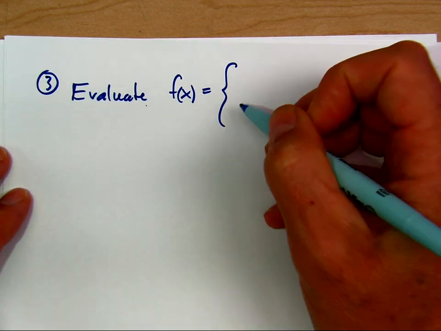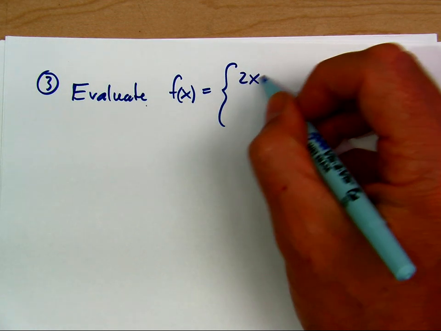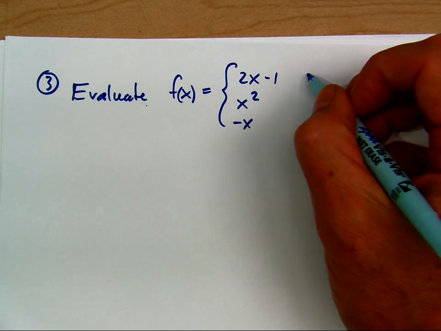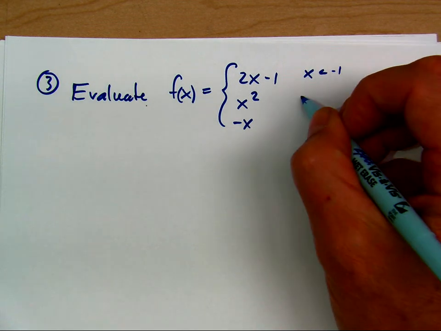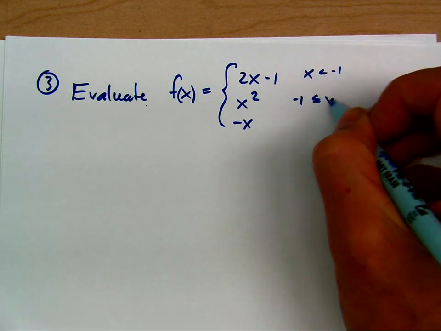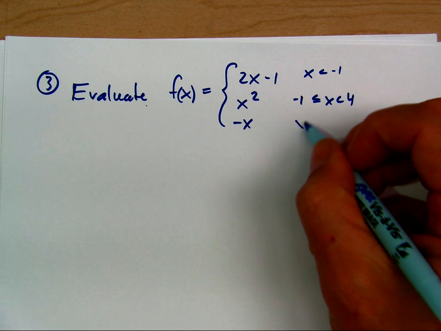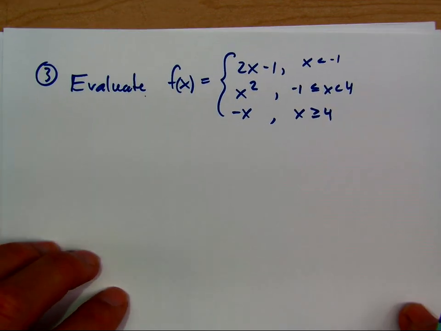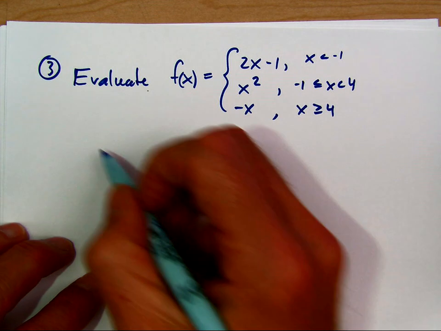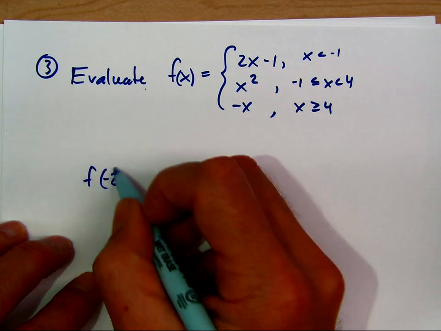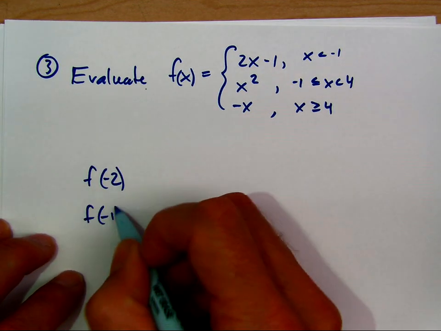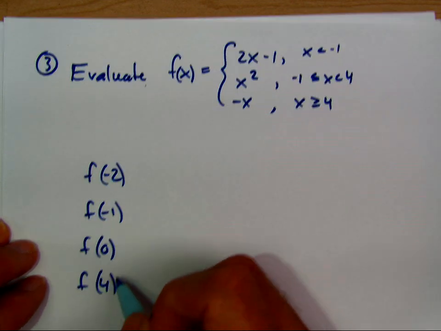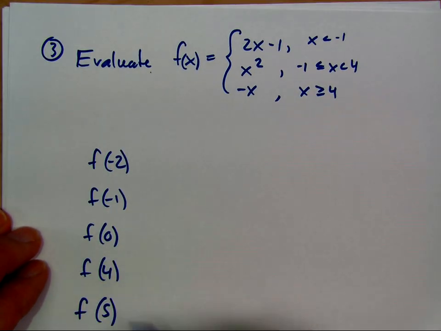Evaluating a piecewise function. And we want to find f of -2, f of -1, f of 0, f of 4, f of 5.